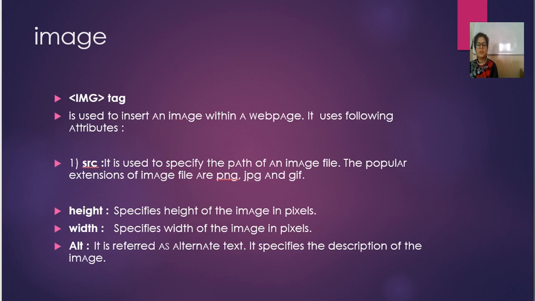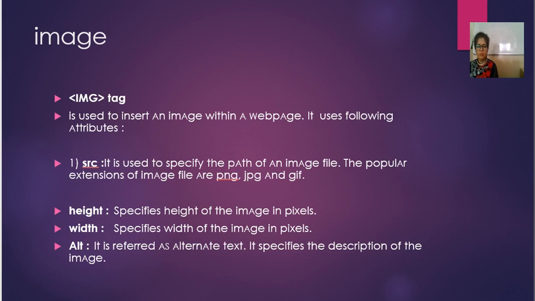So the source attribute is used to specify the path of an image. The popular extensions of image files, the most common image files that we make use of, are png file, jpg file, gif file. So you can make use of any of the formats, and the source attribute is used to give the path of the image.